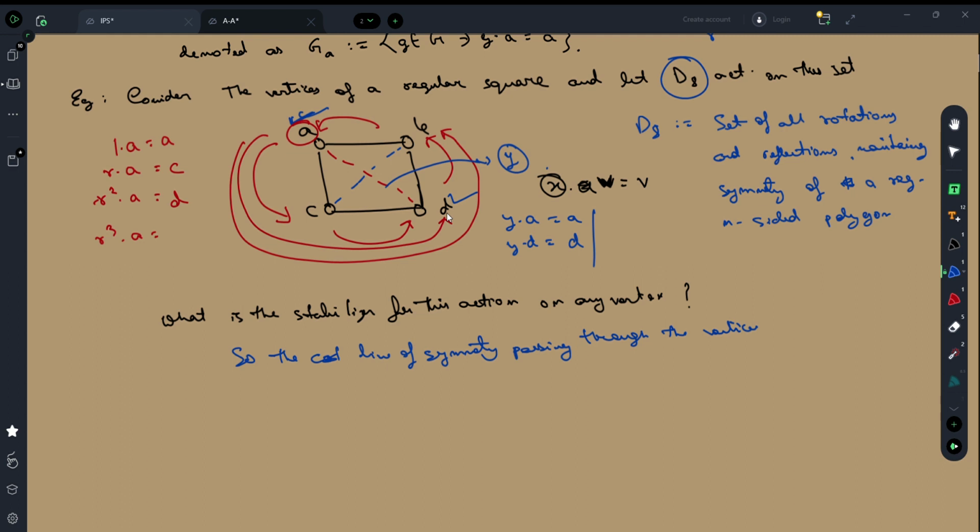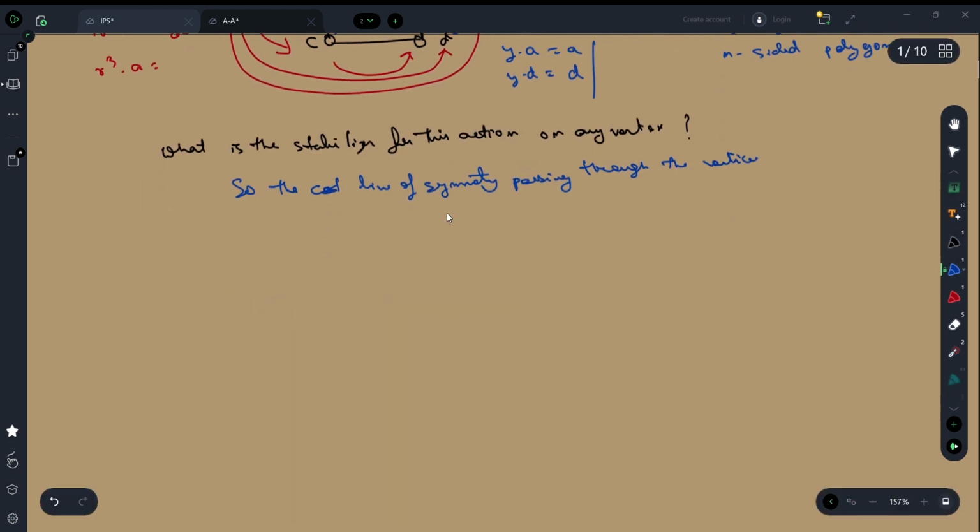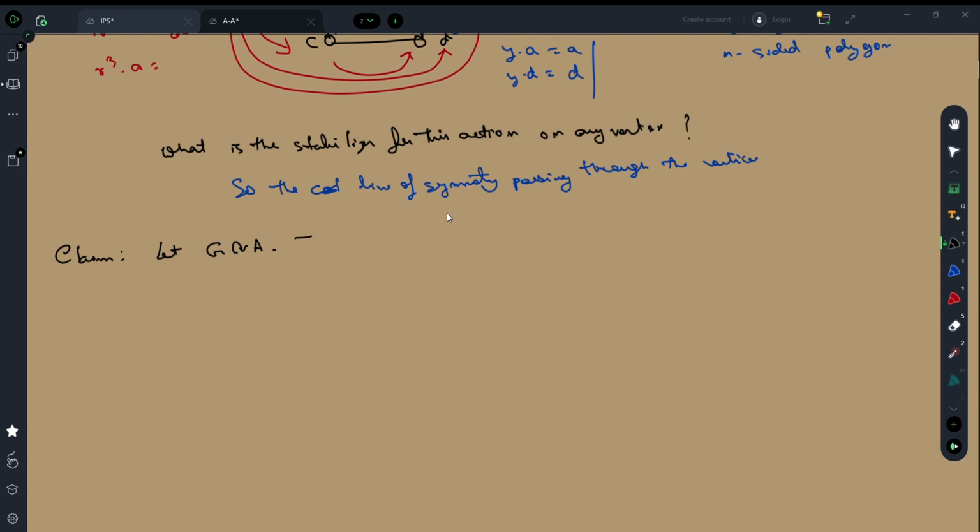Now our claim is that the stabilizer is a subgroup of G. So, claim: let G be acting upon A. Then for all small a in capital A, the stabilizer of a is a subgroup of G. This is what we want to prove.